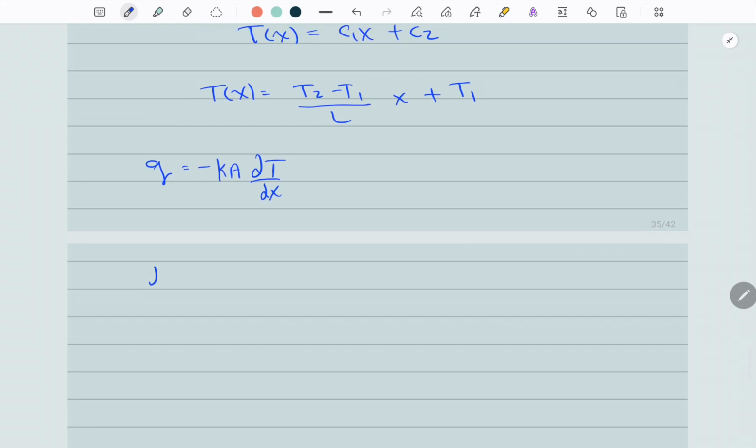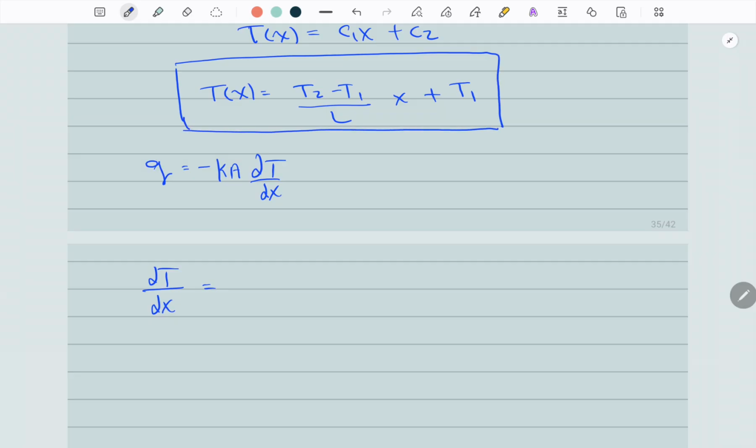Now dT, the derivative of the temperature profile in terms of dx of this equation here, will be T2 minus T1 over L, plus 0. We can substitute it back into the heat transfer equation, and it will be negative kA times T2 minus T1 over L.